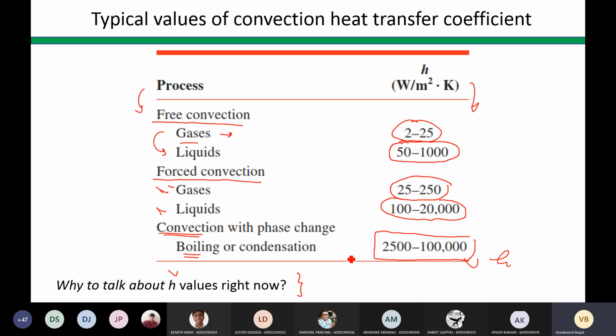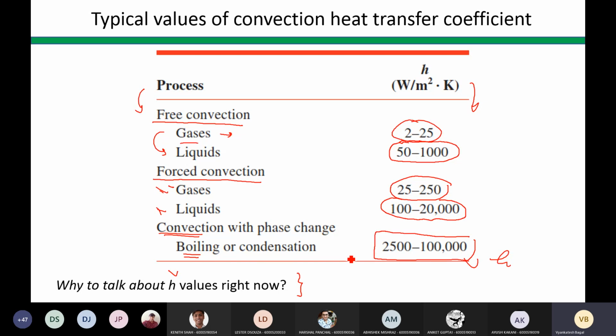Now, if you talk about convection as a whole phenomenon, pay attention. The sole aim of studying convection is to find out the value of heat transfer coefficient h. Remember this. You use any technique or any method, our aim is always to find out the heat transfer coefficient value h for that particular situation. And once we know the heat transfer coefficient h, then we can find out the rate of heat transfer, or the heat flux if you need it.